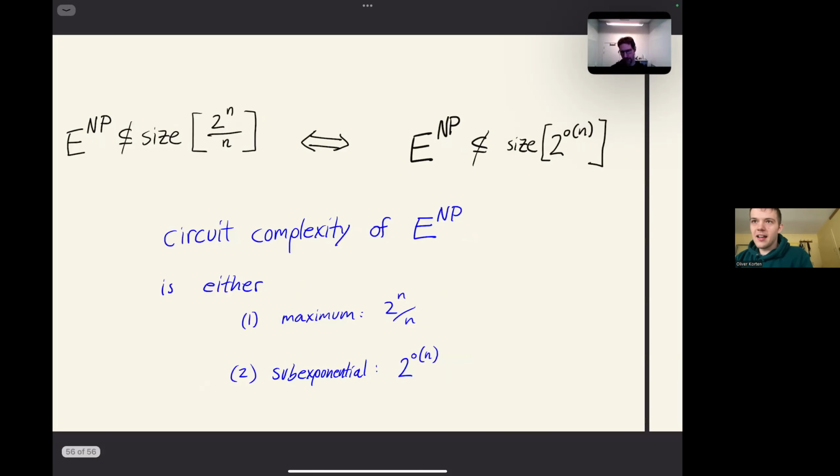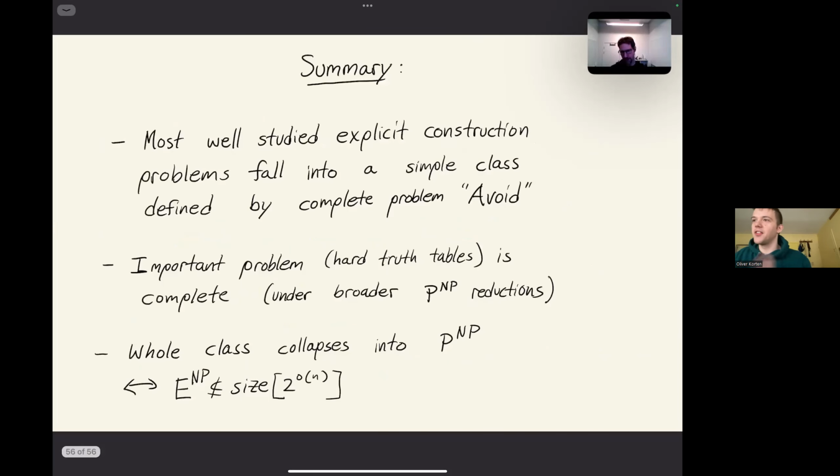So that concludes what I was going to say for the first half of this. And just to summarize, the point of what I did was we gathered together all of these explicit construction problems, and we showed that they fall into this complete problem called range avoidance.